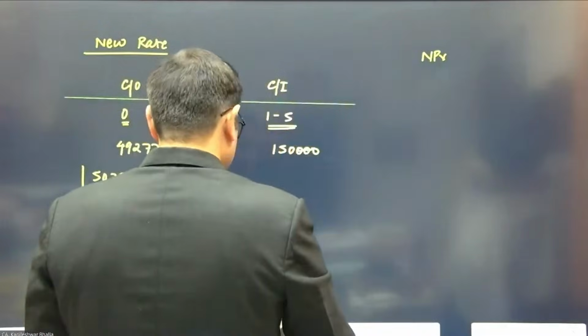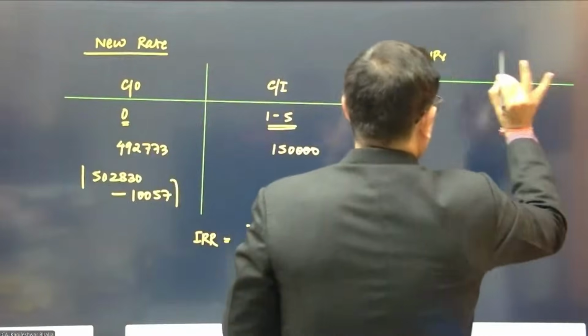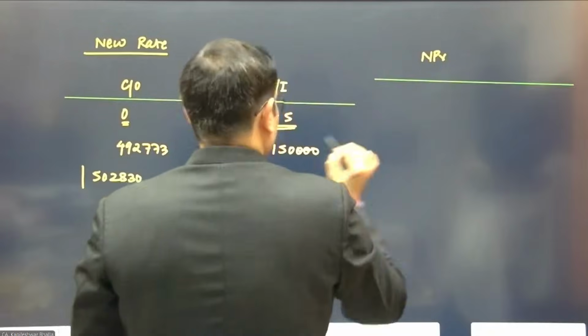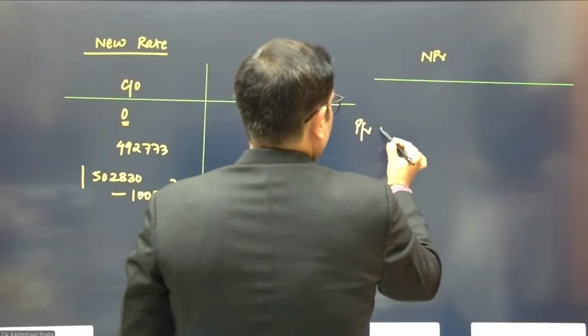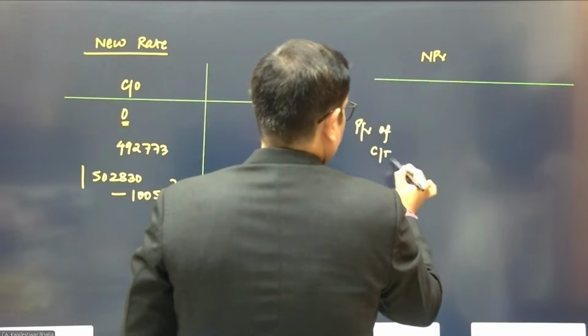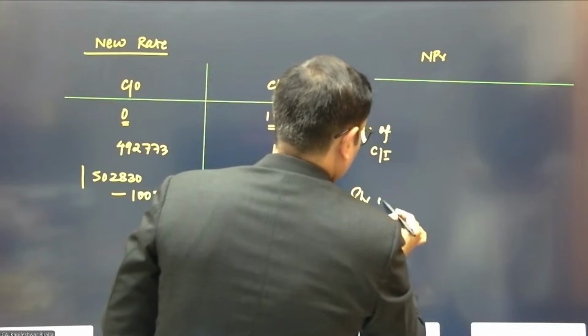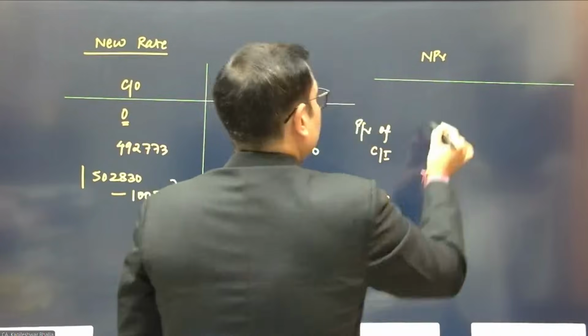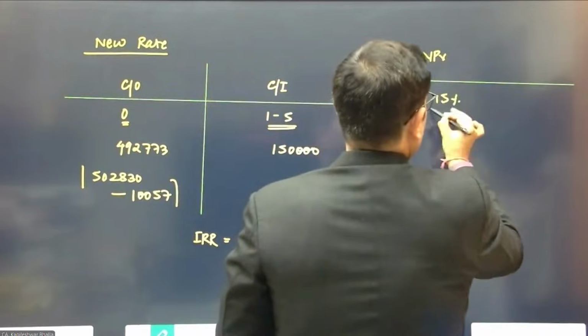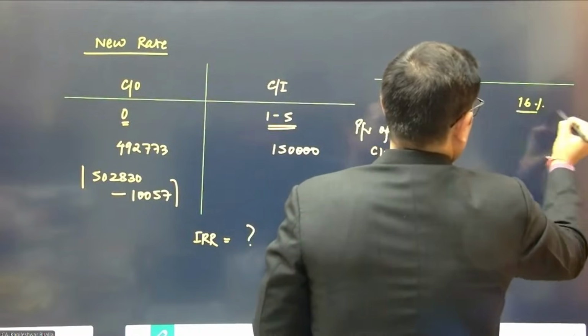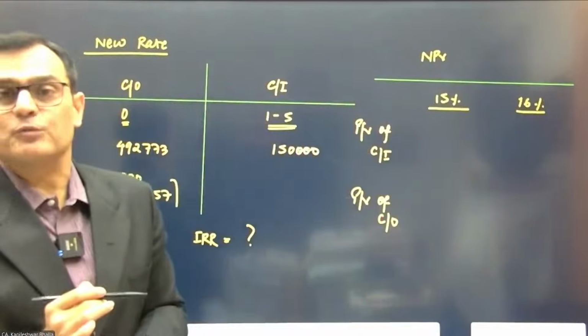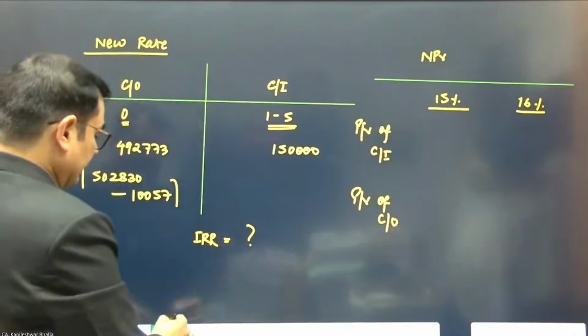Let's organize the NPV. So I'm going to consider the present value of cash inflows and the present value of cash outflows. Let's see this at 15% and also at 16%. Hit and trial is what we're using to get the data.